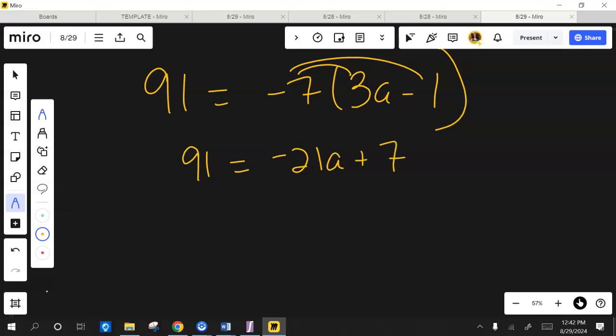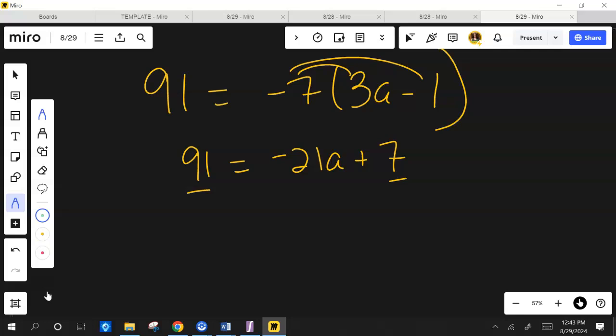Do I have any like terms to combine? No, right? Not on the same side anyway. Technically, this and this are like terms, but they're on opposite sides of the equal sign. Okay, now I'm going to go back to what I did yesterday. Samik, what's my first step here to get A by itself?